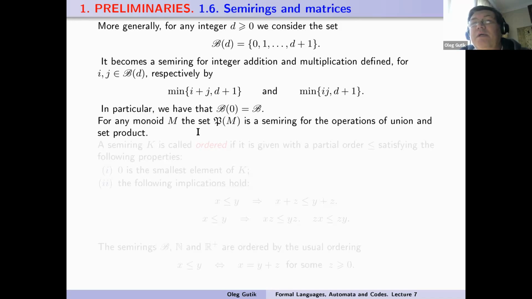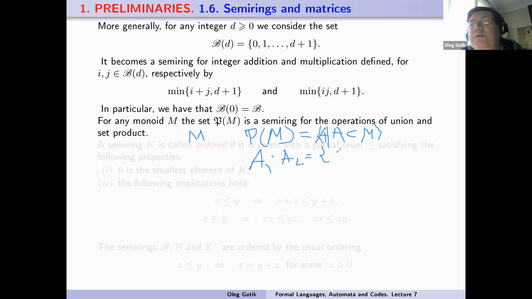So if we consider a monoid M, then P(M) consists of all subsets of M, with the usual operation A1 multiply A2.